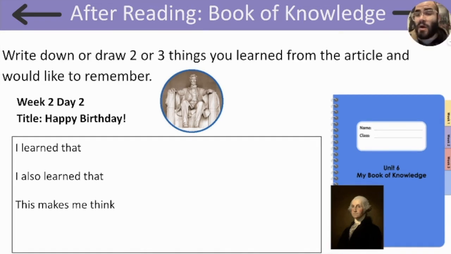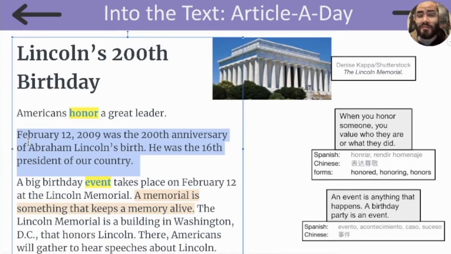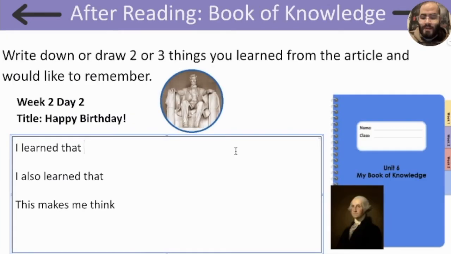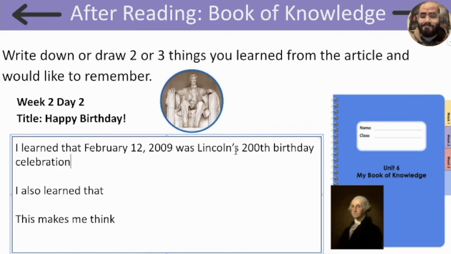I'm going to go back to my article a day so I can find evidence that I can write down in my book of knowledge. The first thing I learned is that February 12, 2009 was Abraham Lincoln's 200th birthday celebration. I'm going to write that down. February 12, 2009 was Lincoln's 200th birthday celebration.